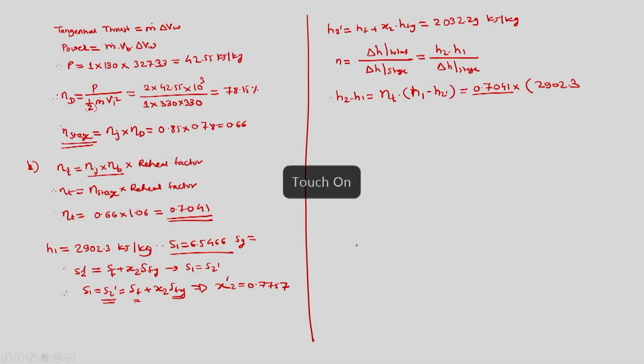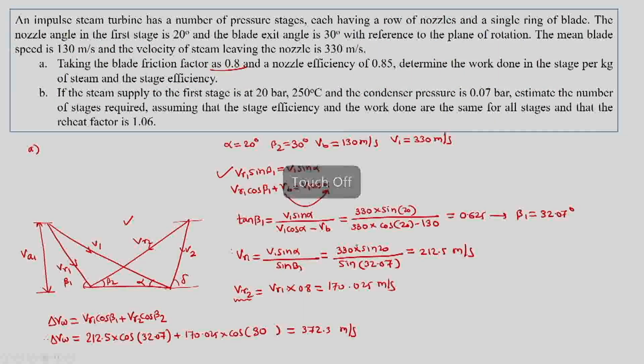We are given that this is going to have a boiler at 20 bar and 250 degrees Celsius. So considering these two conditions, we can find out H1, this is the condition for 2 dash, this is the condition for 1.